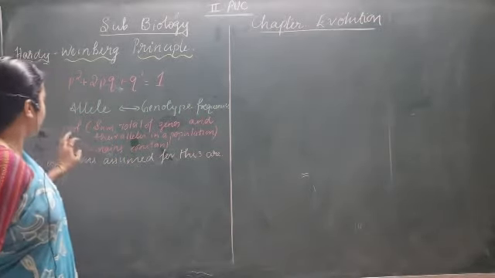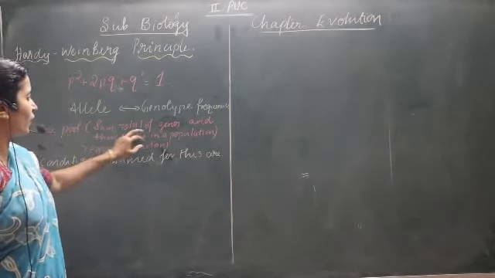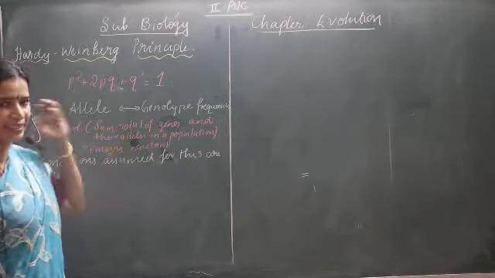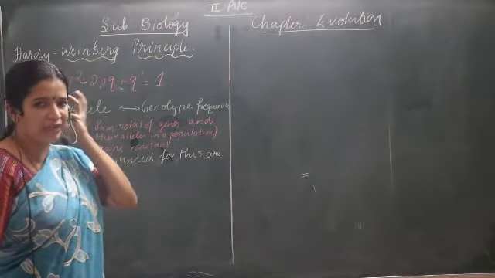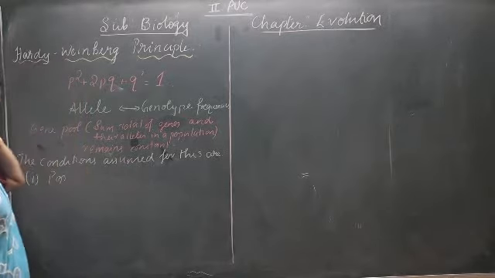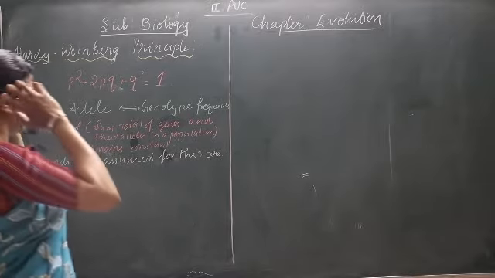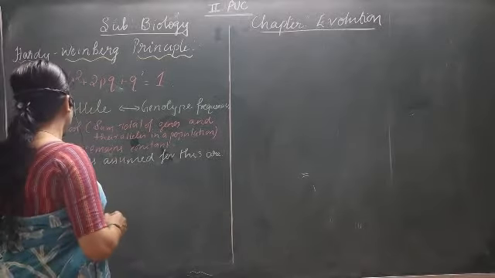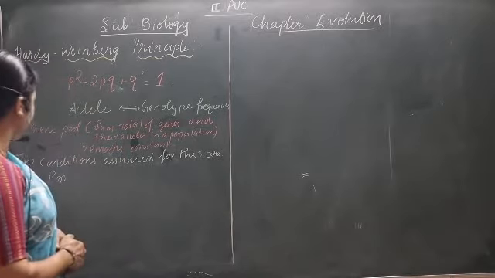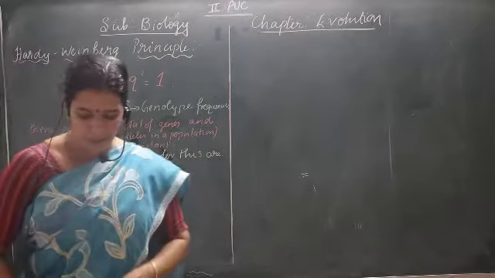What does gene pool mean? I told it in the last class already. The sum total of genes and their alleles in a population is called the gene pool, and it also remains constant in a given population under given conditions.